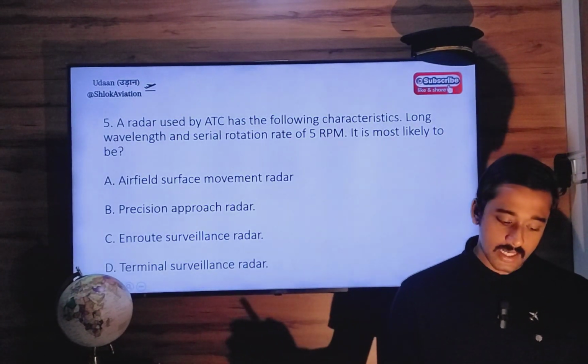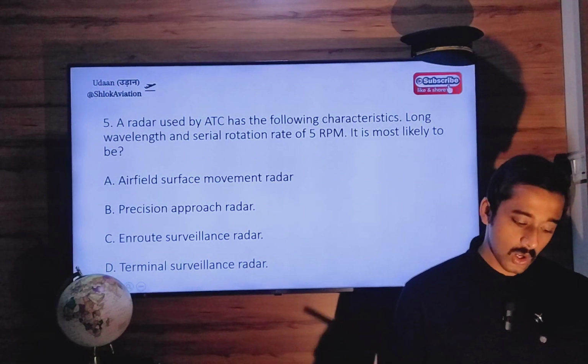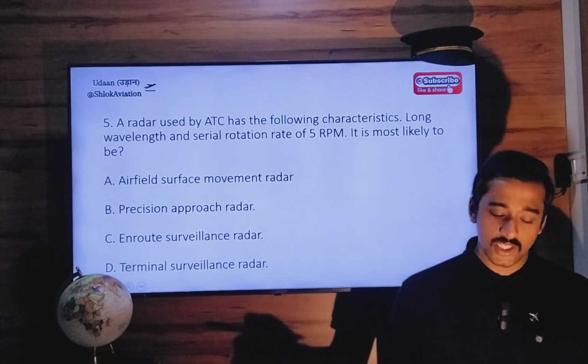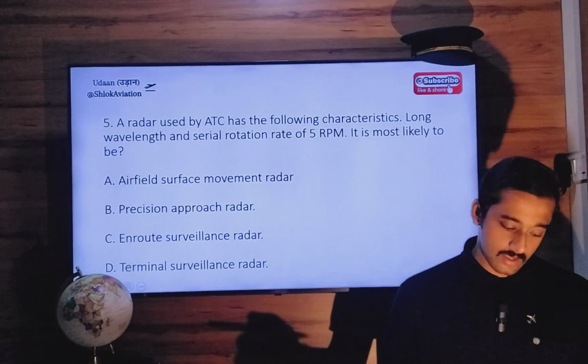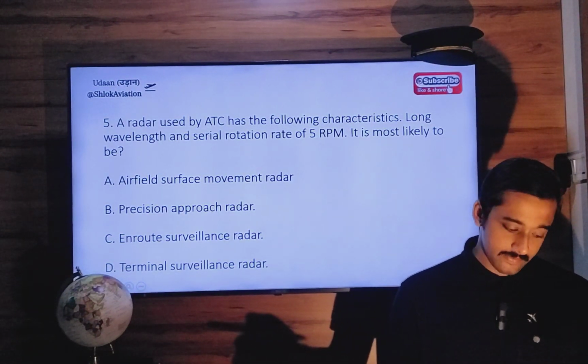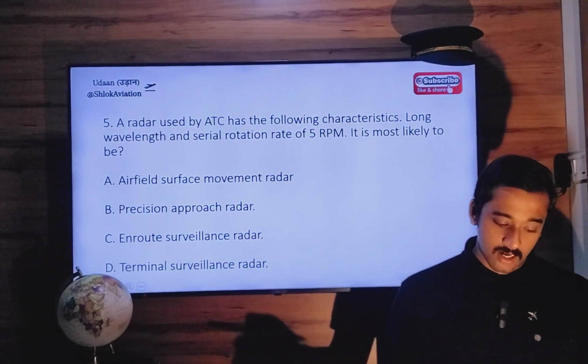A radar used by ATC has the following characteristics: long wavelength and a very low rotation rate, 5 rpm. It is most likely to be airfield surface movement radar, precision approach radar, en route surveillance radar, or terminal surveillance radar.